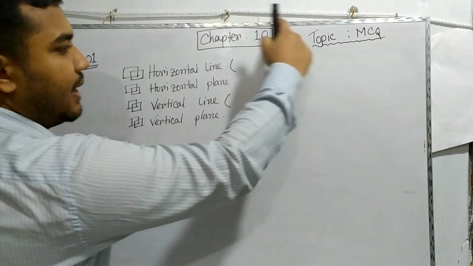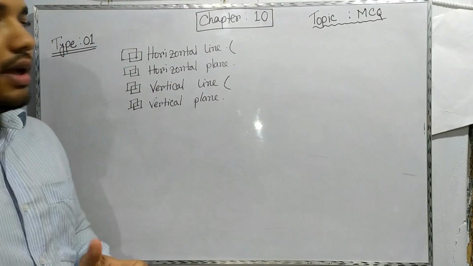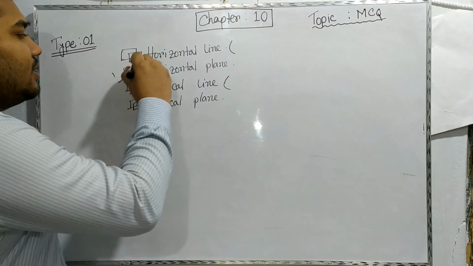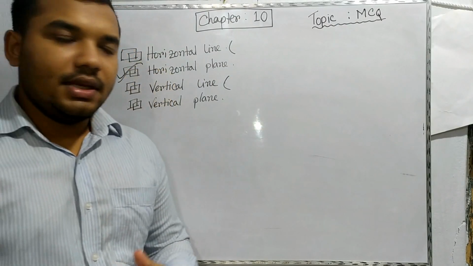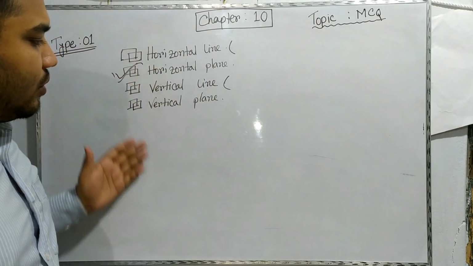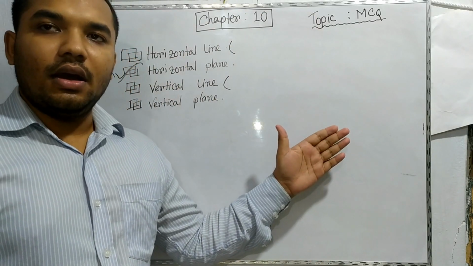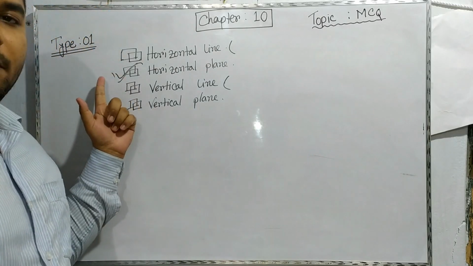Actually, horizontal plane means it can be a surface. Suppose in this board, if we are thinking that this is the surface, then this can be called the horizontal plane.